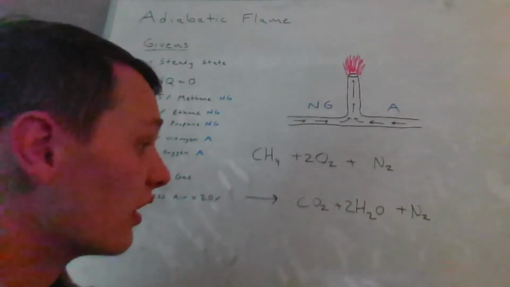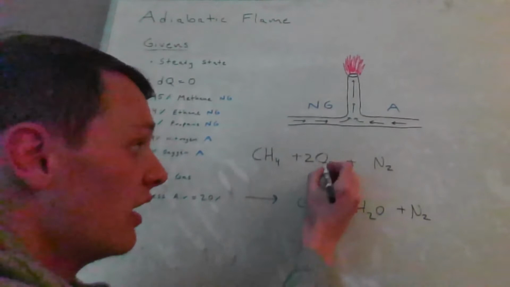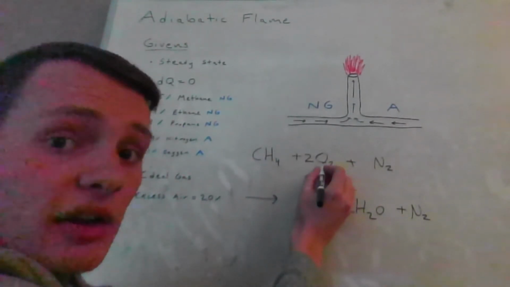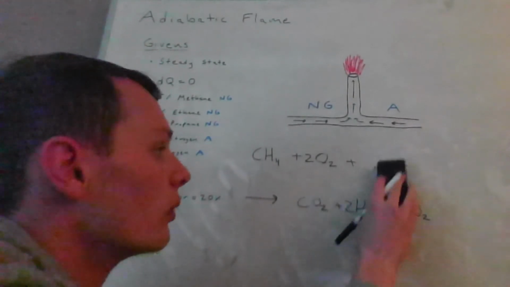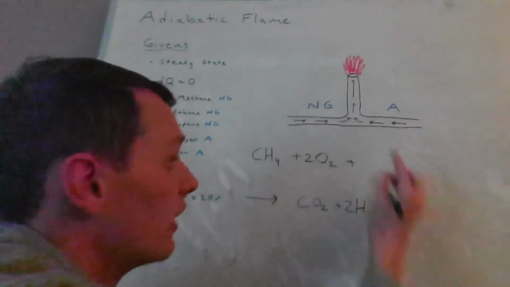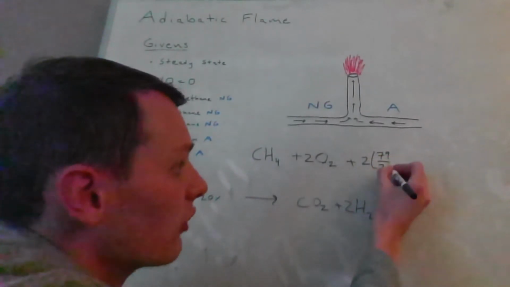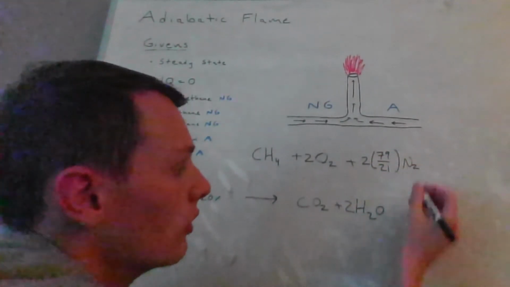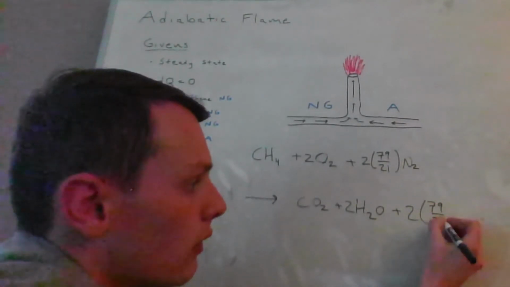That's a good thing to remember. So our ratio is going to be 79/21 times this, right, for our nitrogen. But again, we have 2, so we also have to multiply by 2 as well. So if we're going to write this out accurately, this is going to be 2 times the 79/21 and 2, and the same over there.